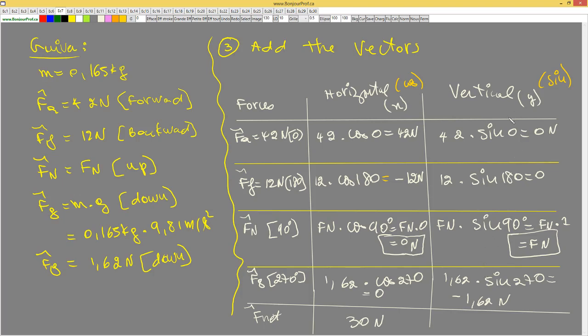And here, if I add everything, it gives me 0 plus 0 plus Fn plus minus 1.62 newtons. Okay, this is my table, so I find the force net.